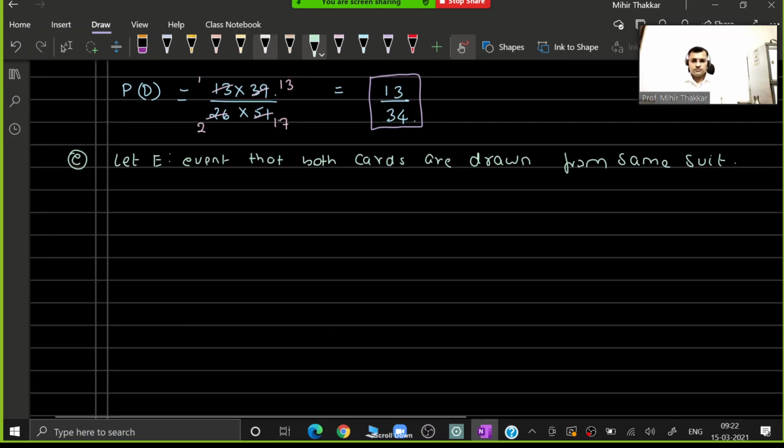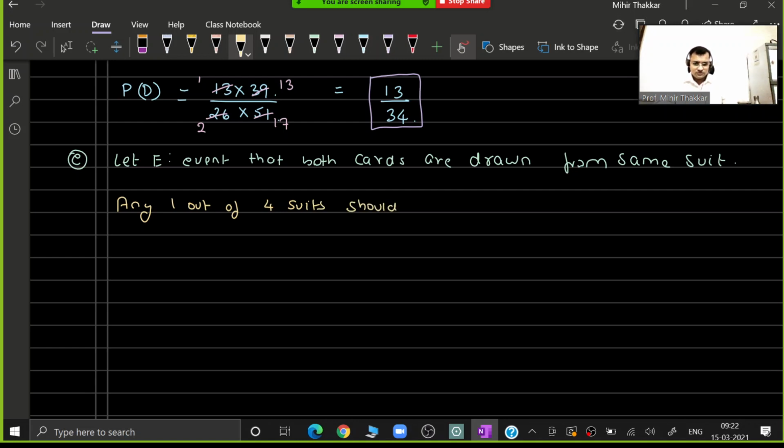So any one out of 4 suits should be selected first. This can be done in 4C1 ways, which is equal to 4 ways.